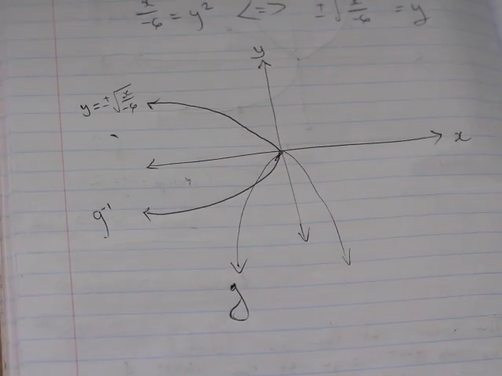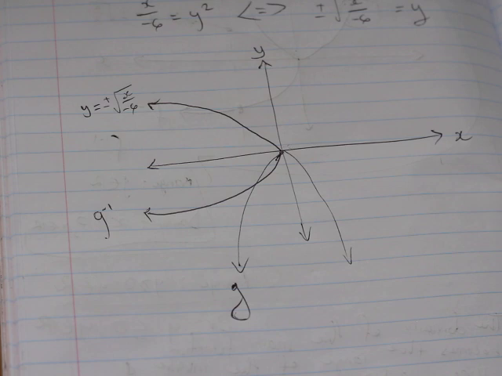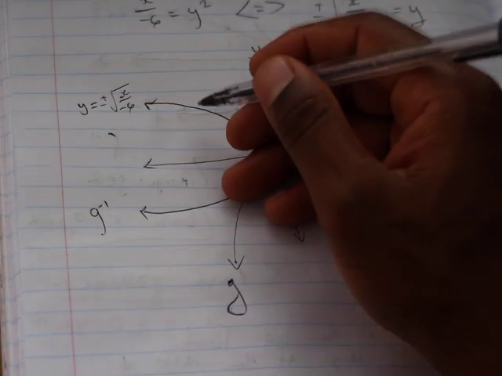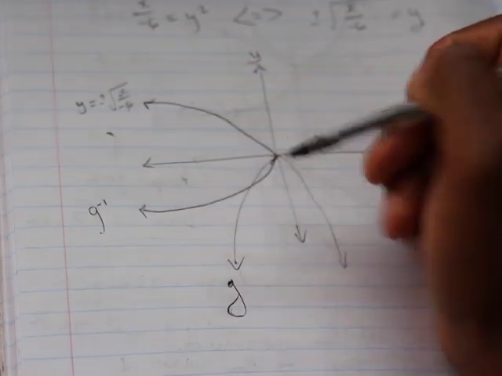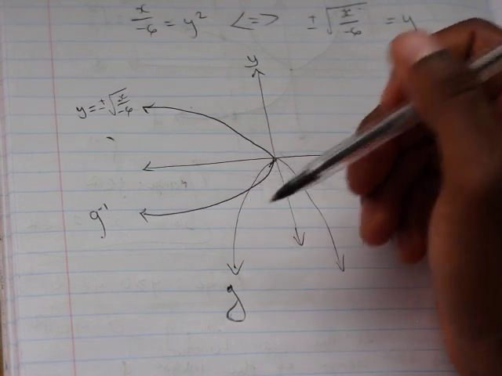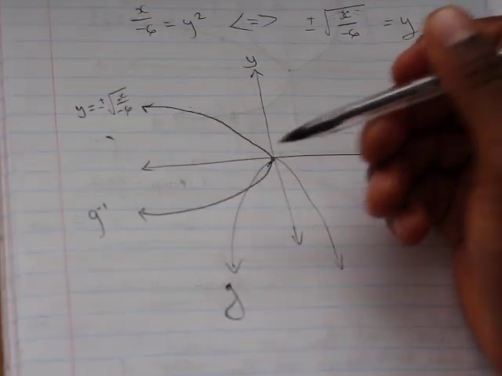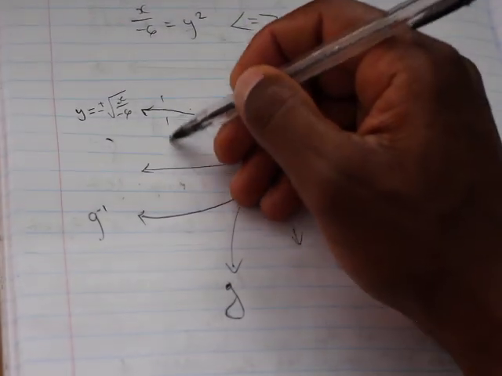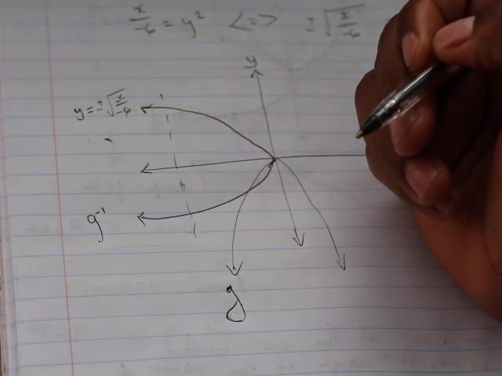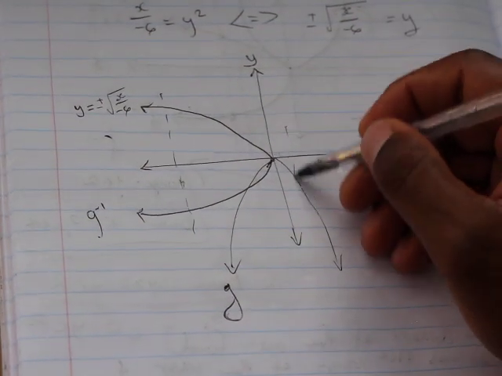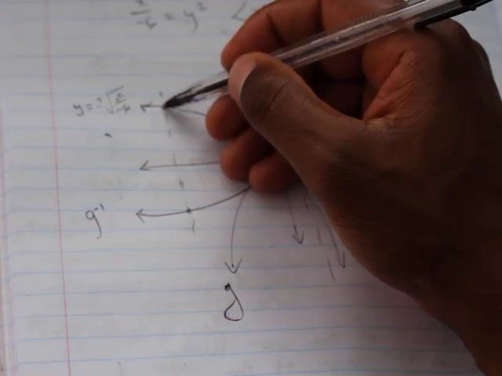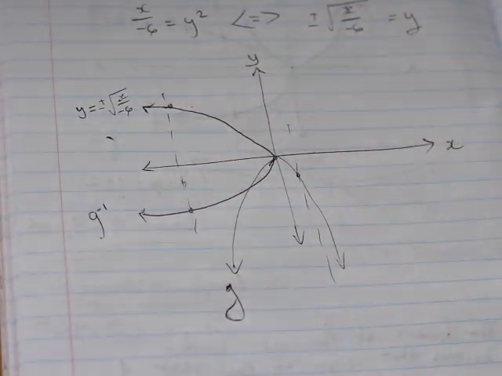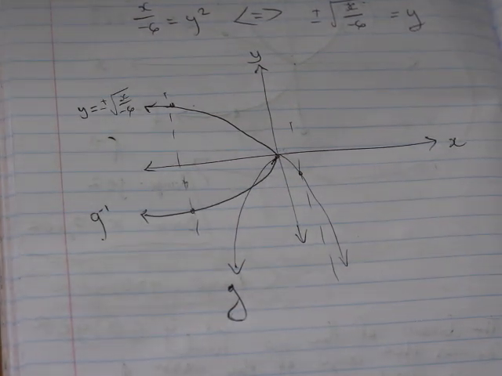Obviously for this to be a function, you will have to restrict one of the branches, then you will have a function. But currently, as it stands, it's not a function. Your g, the vertical line cuts it once, it's a function, but here it cuts twice. That's not a function. Are you guys with me?